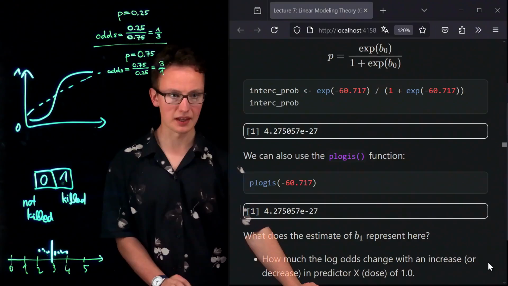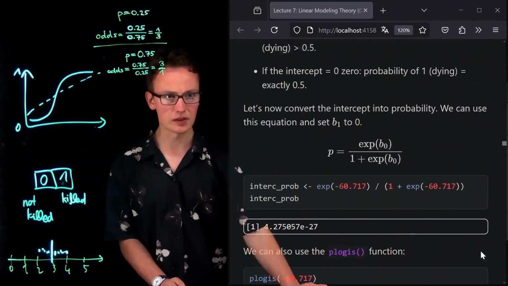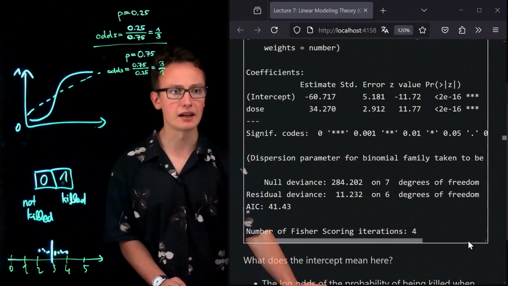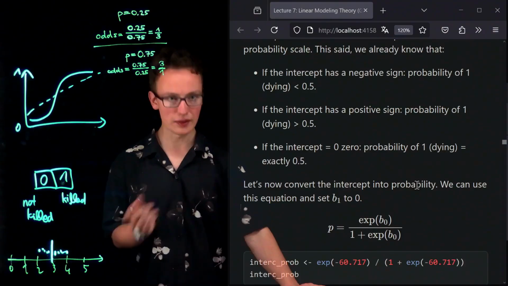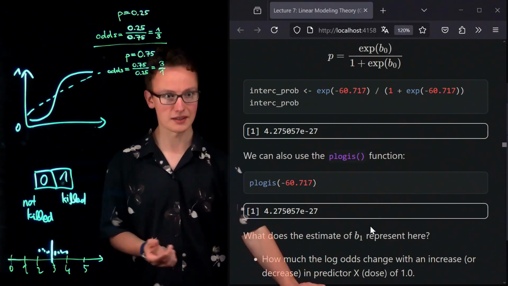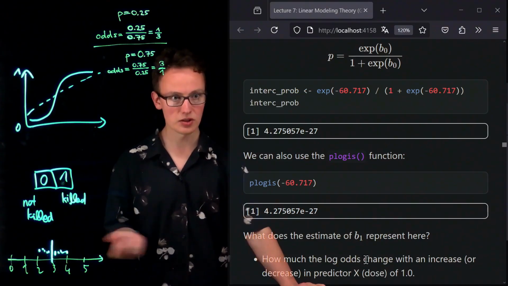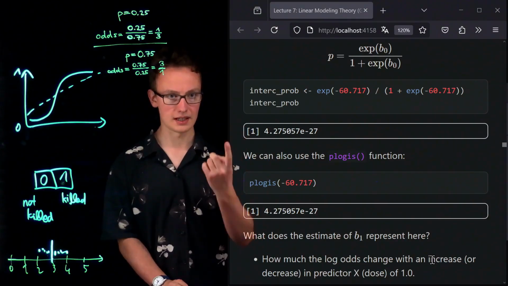Now, what about the estimate for the slope? So B1, our estimate for the slope, recall that was 34, okay? That is representing a difference in log odds. So it tells us how much the log odds change with an increase in the predictor X dose of exactly 1 unit.